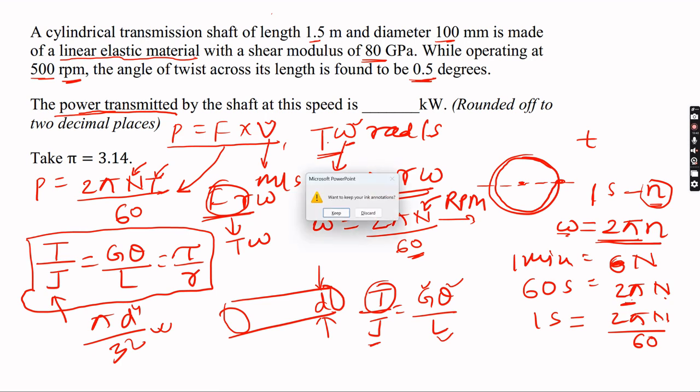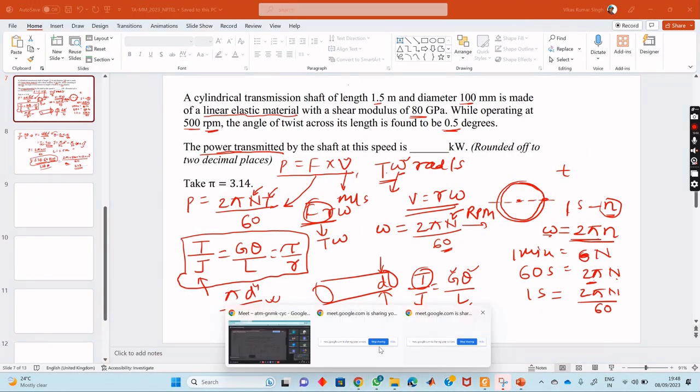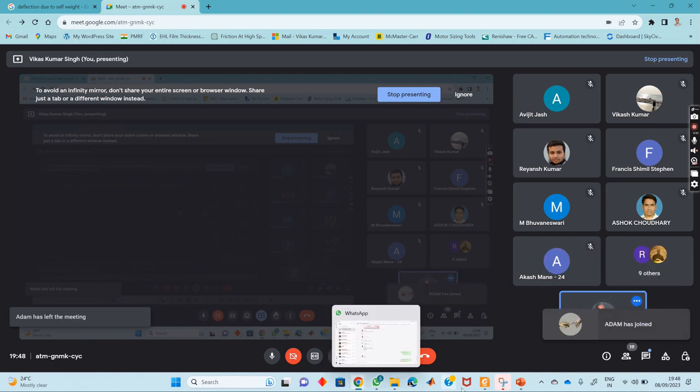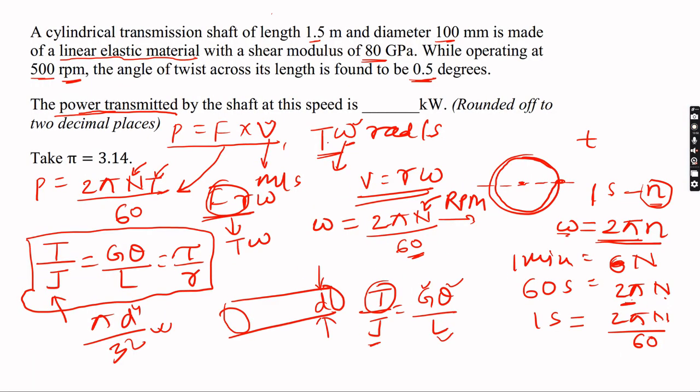Intentionally they are giving it, to confuse people. This is also happening, so don't get confused. Any doubt you can ask. Okay, so we'll move to the next question.